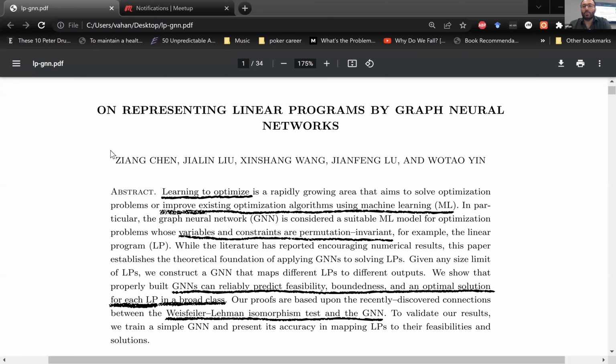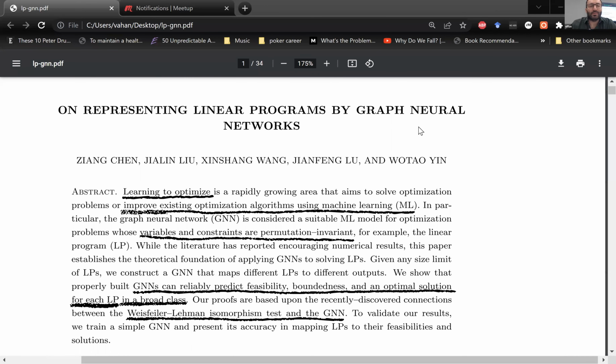Yeah. Cool. So I saw this paper on Google Scholar as a recommendation, and I read the title, and I was like, this doesn't sound right, because the title is "On Representing Linear Programs by Graph Neural Networks."